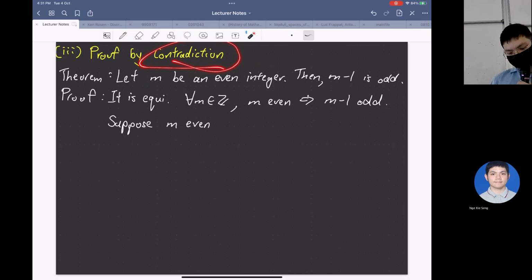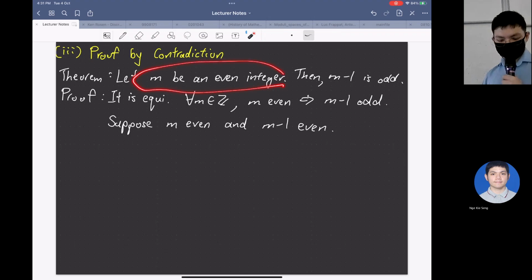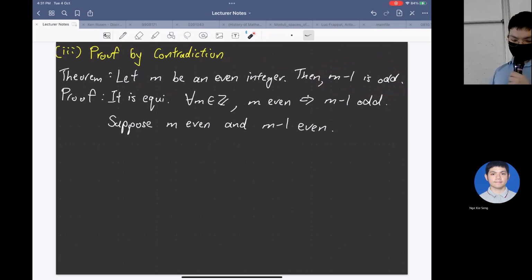But to prove by contradiction, we need to negate the Q part, okay? So we suppose m even and m minus 1 also even, okay? And then what we are contradicting will be contradicting the assumption. Suppose we assume the result is false, and then we want to contradict the assumption.